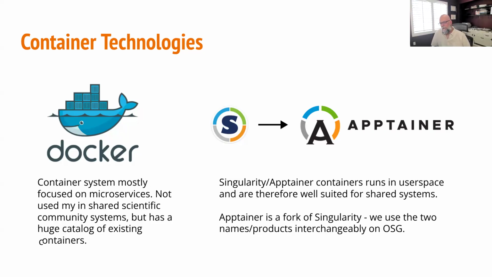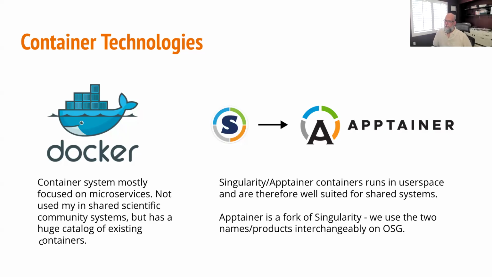However, it's not commonly used in scientific computing, and the reason for that is the security model. Docker has this approach where it's a very trusted process on the machine, and you can switch users and things like that in the container, which opens up a bit of a security issue when it comes to using it on a shared computing system.